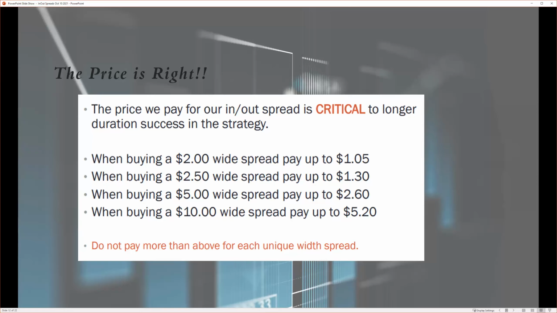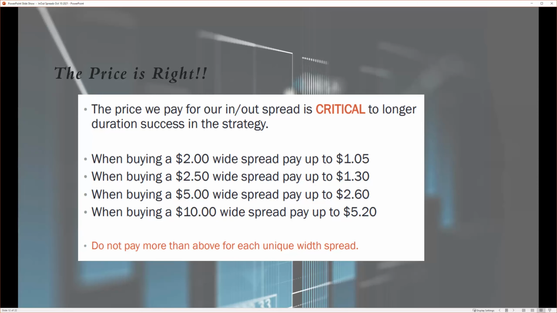So, guys, you have to write this down somewhere and make sure that every time you buy an in and out spread that is $2 wide, you cannot pay more than $1.05. $2.50 wide, $1.30. $5 wide, $2.60. $10 wide, $5.20. That's a golden rule. Do not pay more than that for each width of spread.